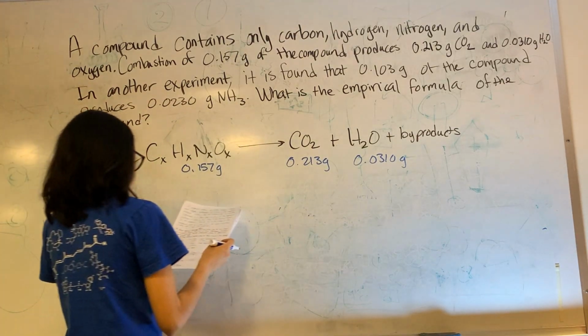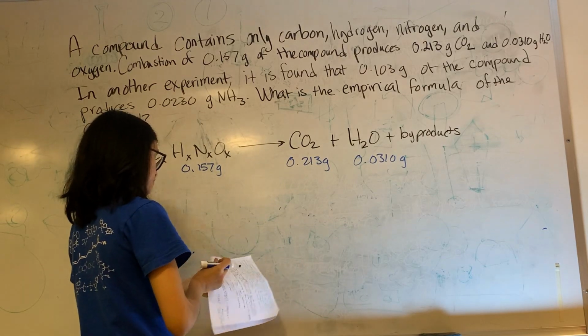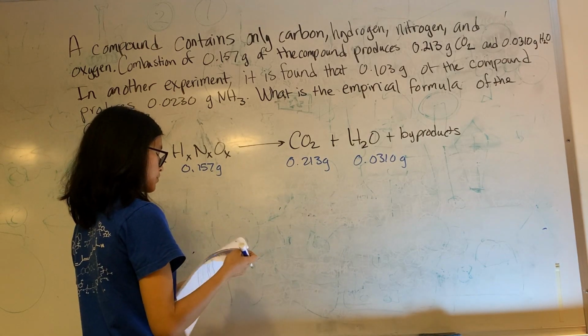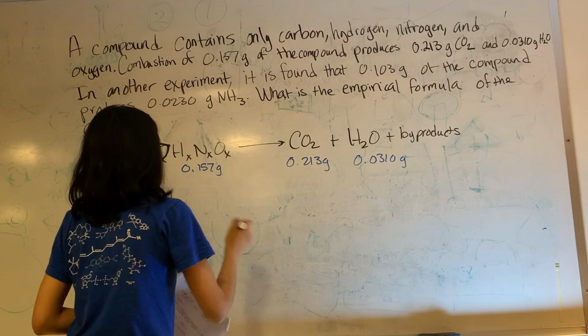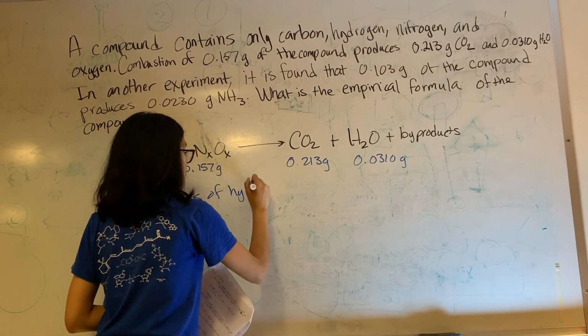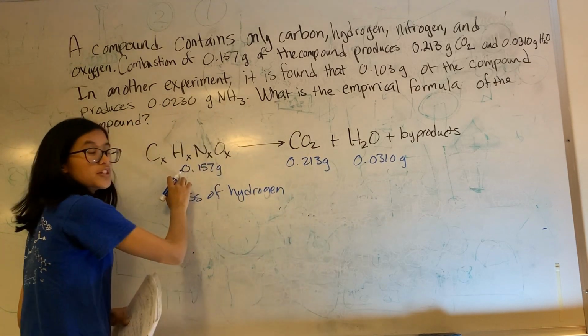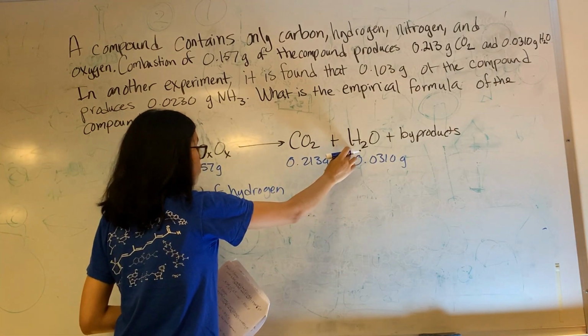All right, so hydrogen, so percent carbon, and then now we're going to do percent hydrogen. So first of all, the mass of hydrogen. So again, we're assuming that all the hydrogen in our sample got converted into water.